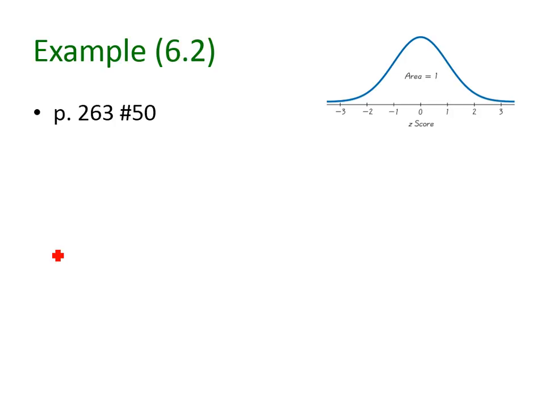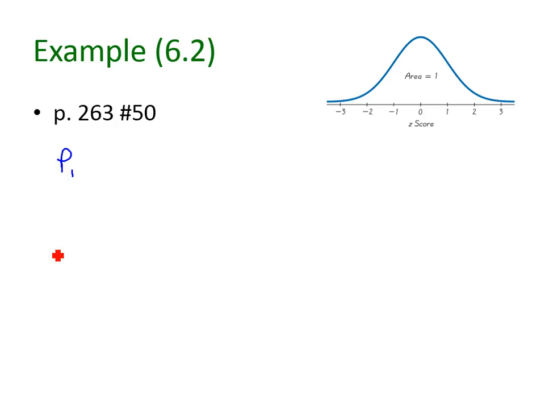So now what I'm looking for in number 50 is finding P sub 1, which is the first percentile. This is the temperature reading separating the bottom 1% from the top 99%. So we talked about percentiles back in chapter 2 or chapter 3. If I want P sub 1, that is the same thing as saying what?